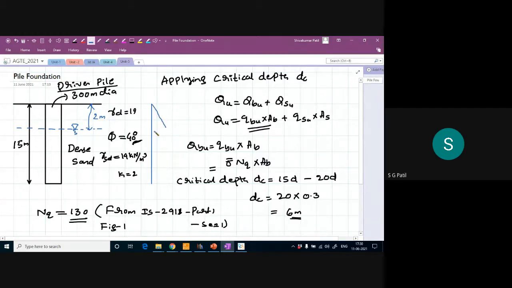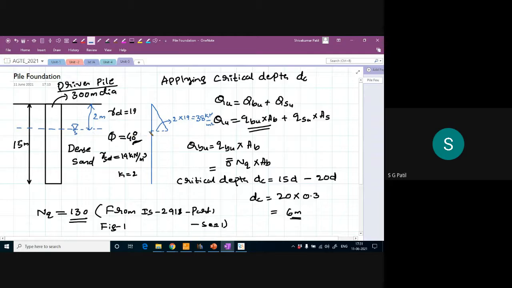What is the overburden pressure here? 2 into 19. How much are you getting? Around 38, right? Yes, 38 kilonewton per meter square.